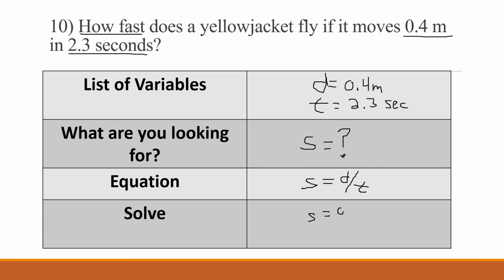Speed equals 0.4 divided by 2.3. Speed equals, let's just say 0.17. I like 2 decimal places. 0.17 meters per second. I know there's more digits. You type that in your calculator. I know that.